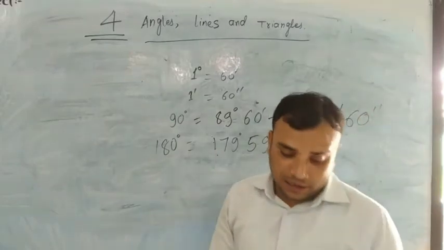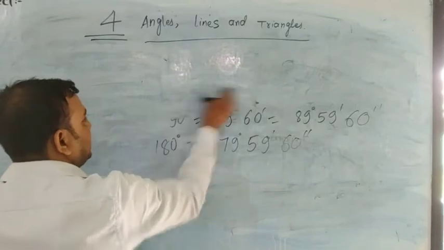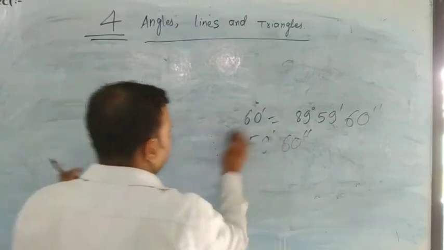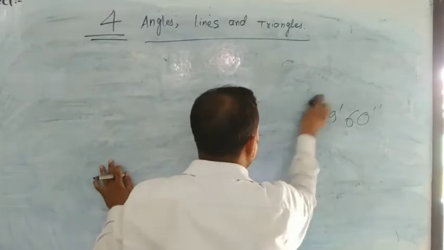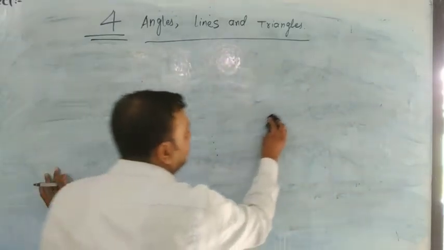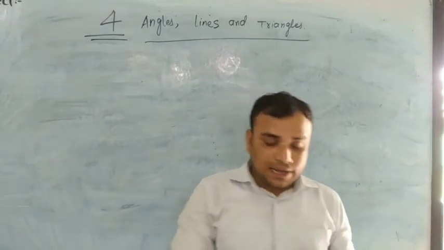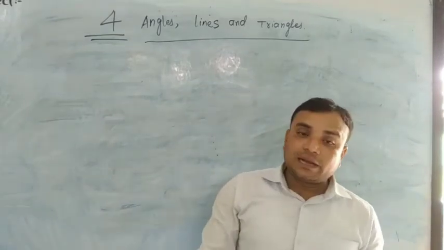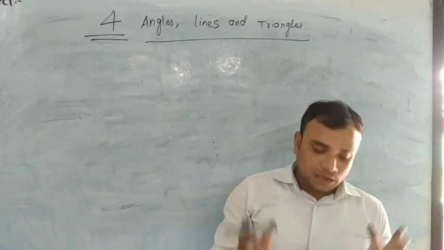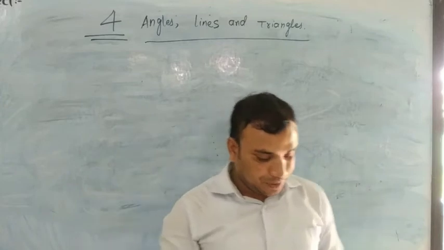Kinds of angle. Our next topic is kinds of angle. In kinds of angle, the first is the right angle. If the measurement of any angle is 90 degrees, then we call it a right angle. All right angles are equal to each other.